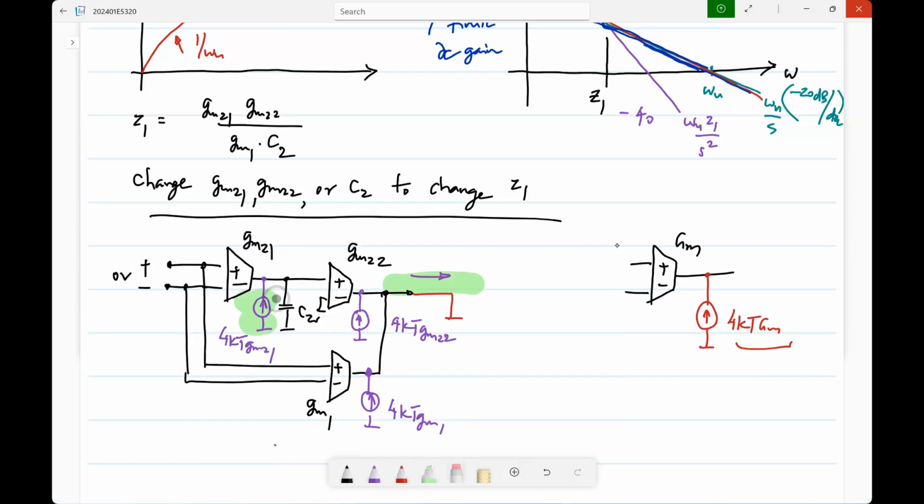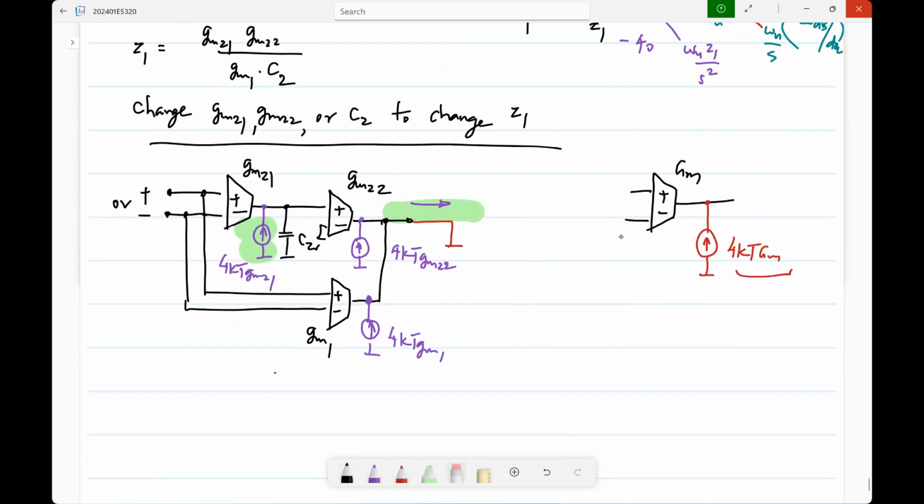So, this current, where does it flow? Into C2. So, what is the voltage that is created? If this current is called Is, what is the voltage across C2? Is by sC2. And what is the current output from gm22 because of that? gm22 by sC2. Okay. So, basically, the output noise spectral density will have 4kT gm21 times (gm22 by omega C2) squared.